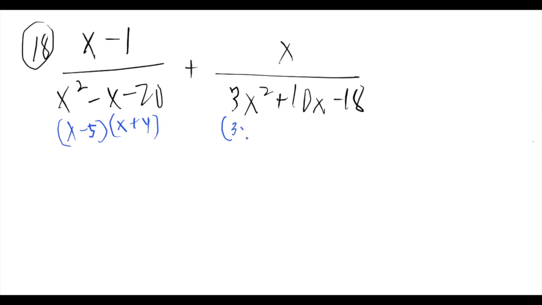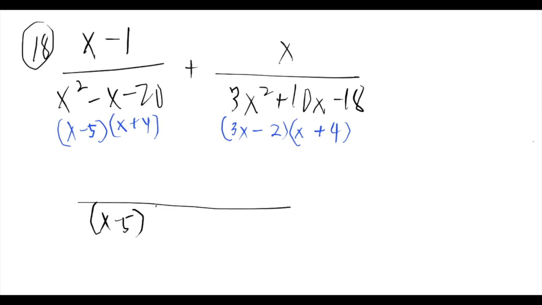Dito naman, we will have 3x minus 2 times x plus 4. Okay, so our LCD is going to be x minus 5 times x plus 4 times 3x minus 2. Okay, hindi natin uulitin yung x plus 4 kasi may x plus 4 na dito.